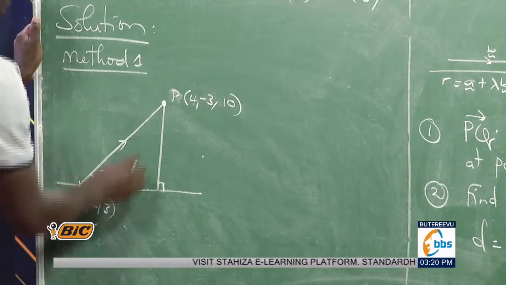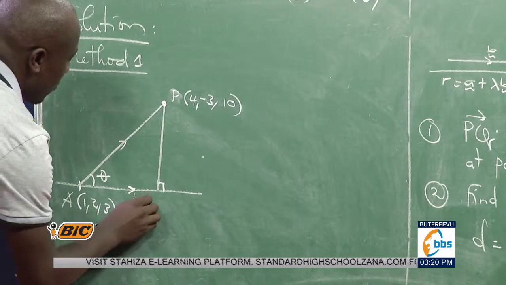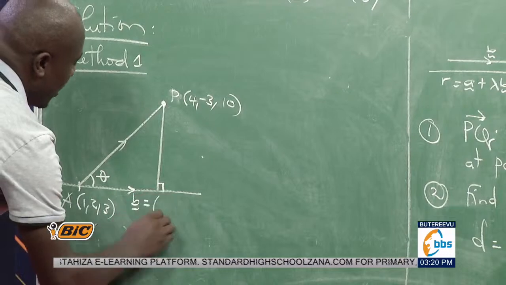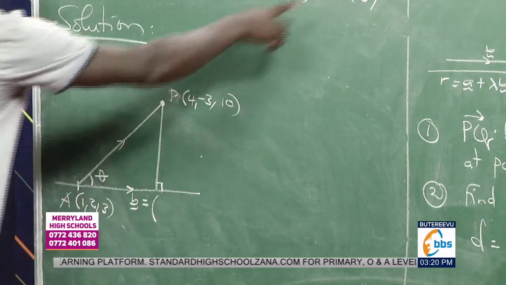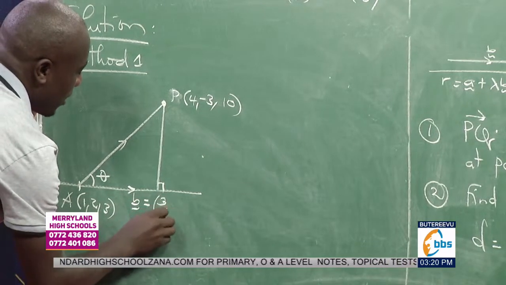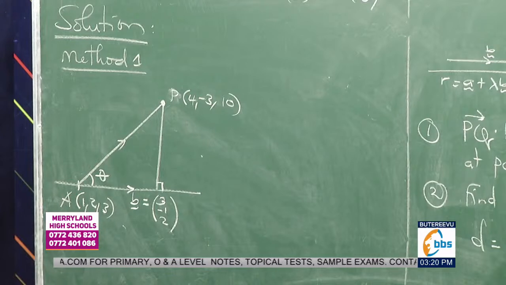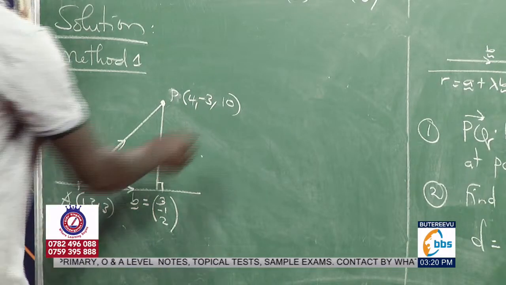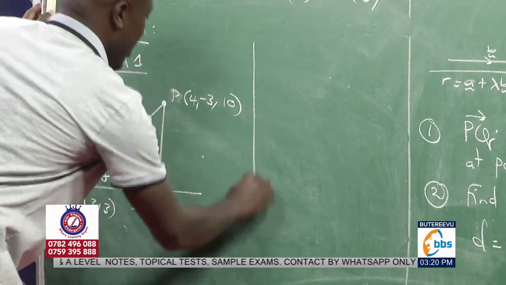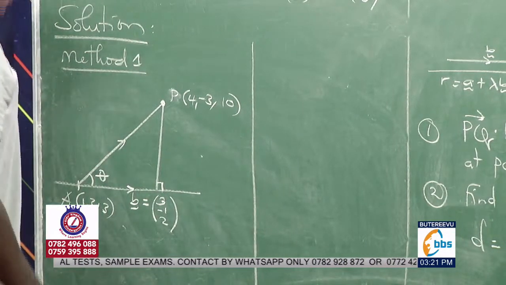That's the vector AP, and this is the vector B, the direction of the line, B is (3, -1, 2). So we are first of all going to find cos theta, and then we shall find sine theta, and then everything will be okay.